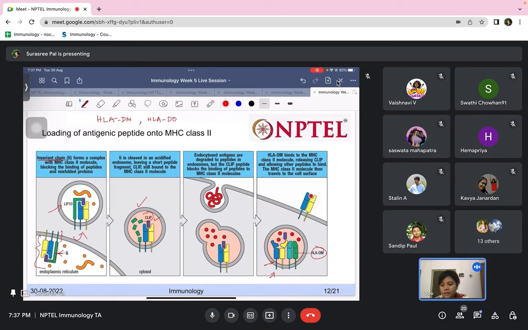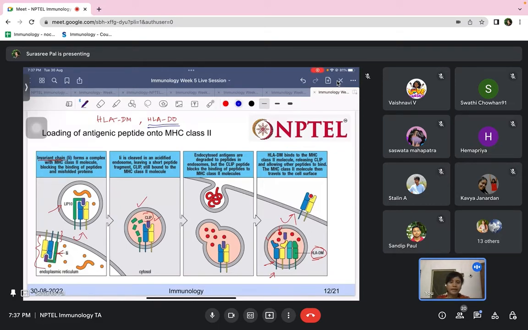So that now the antigen peptides can bind to the MHC class 2 molecule, and once this binding is completed, the MHC class 2 molecule will be properly folded and will be transported to the cell surface. Alright, another molecule that I mentioned here is HLA-DO.